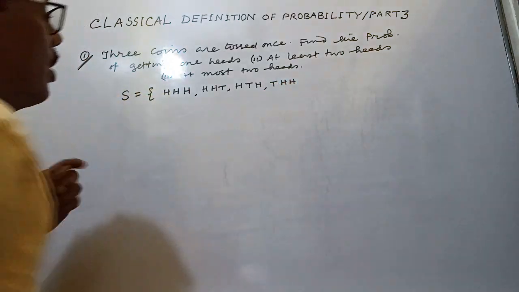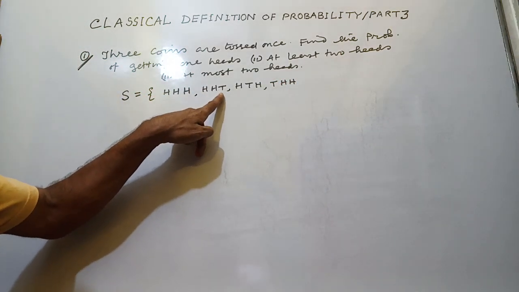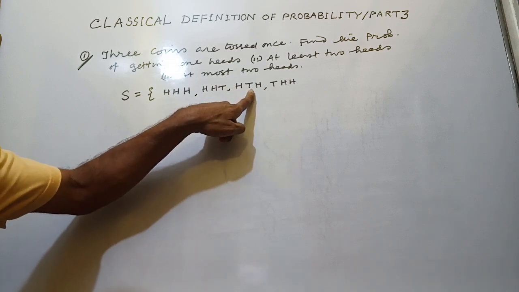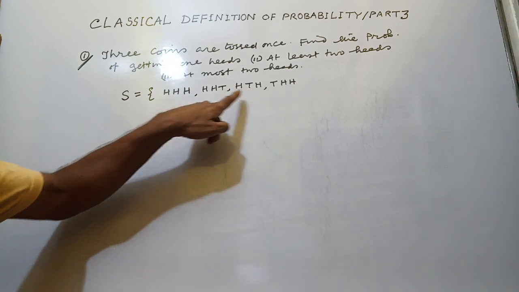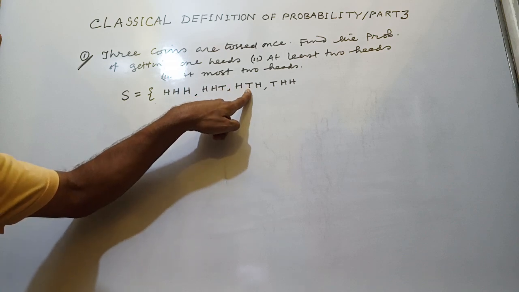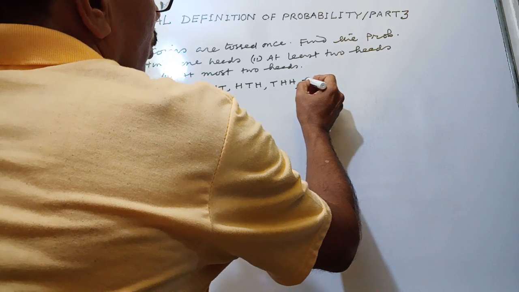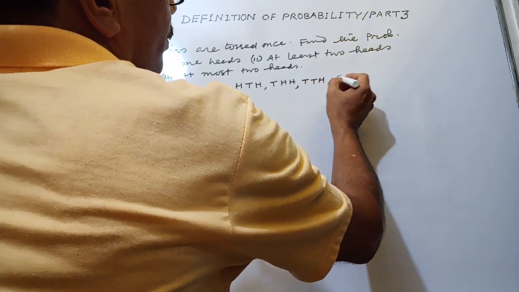Look, first head, second head, third tail. First head, second tail, then head. They are different. Look, this tail is appearing third time, that tail is appearing second time. Then 2 tails.